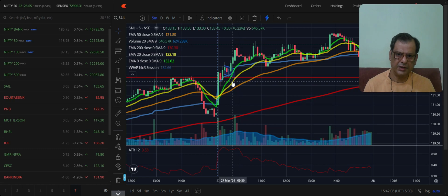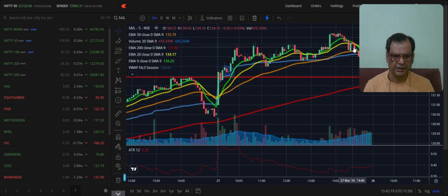We entered at 132.90, and if we didn't move the stop loss, we would have had a reasonably good run here.